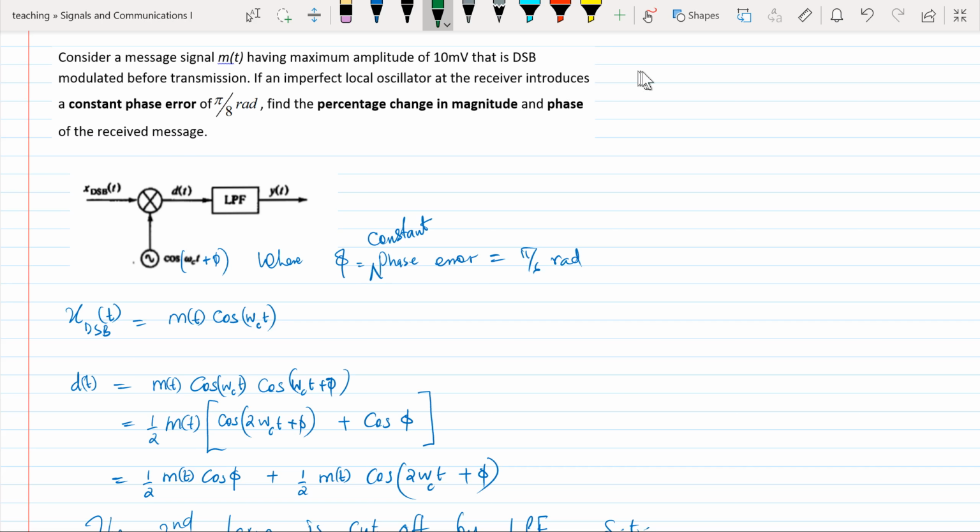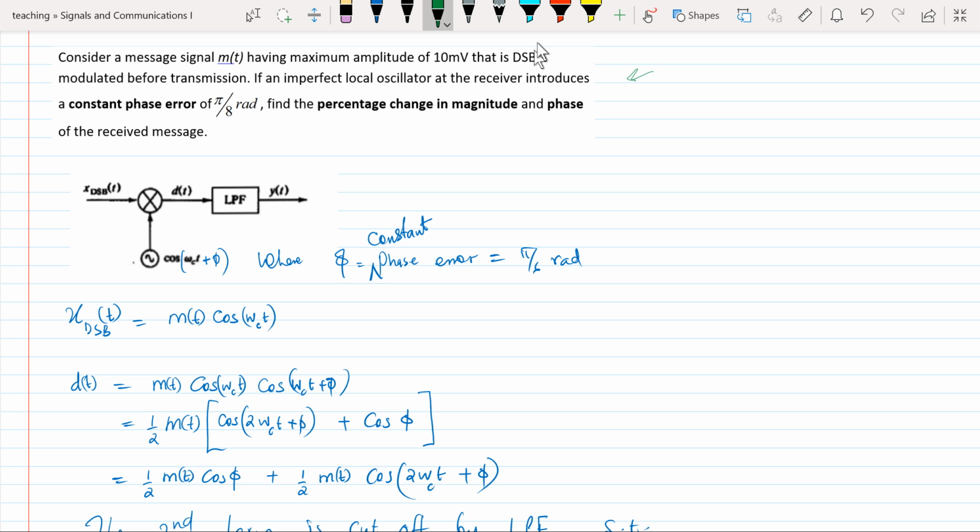We want to solve this problem, and the problem states that consider a message signal having a maximum amplitude of 10 millivolts that is double-sideband modulated before transmission.